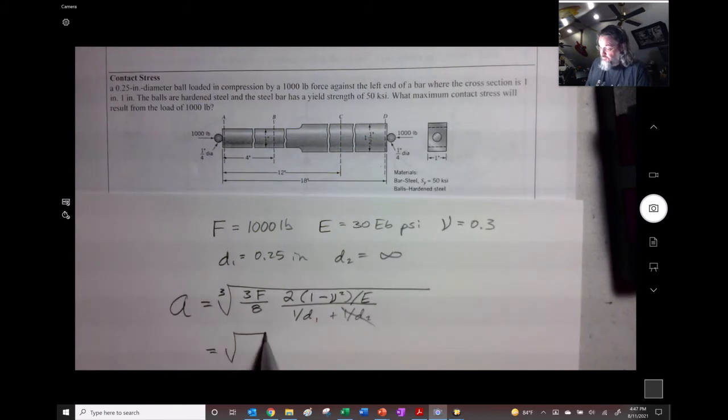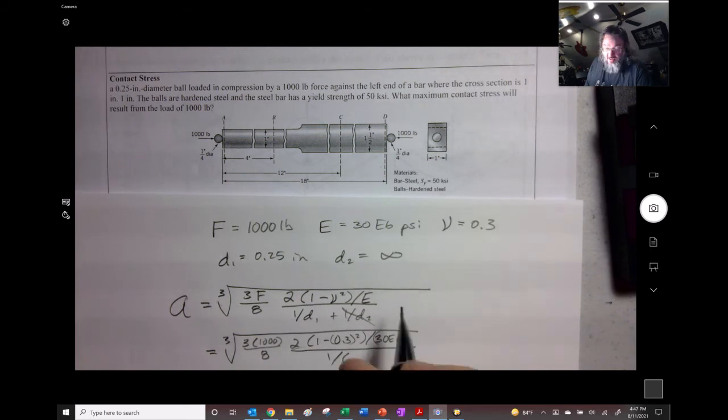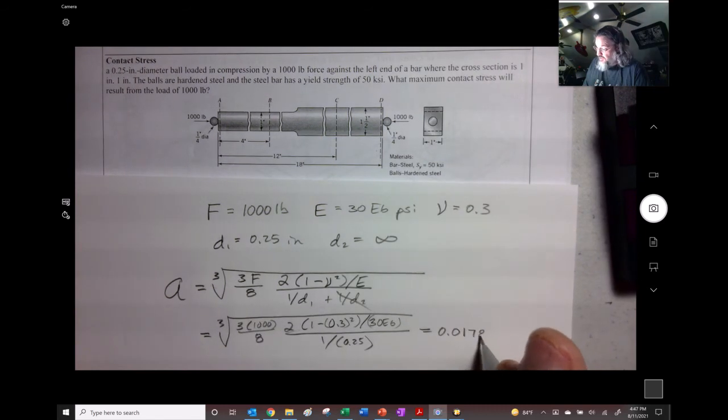So we have 3 times 1,000 divided by 8, times 1 minus 0.3 squared divided by 30e6, divided by 1 over 0.25, which should be in inches, yep it is. And we end up with a equal to 0.01785 inches.